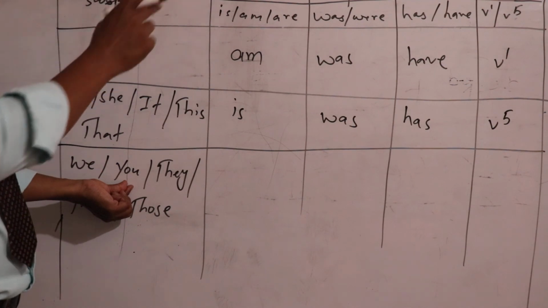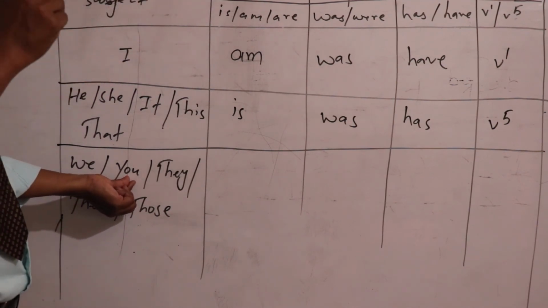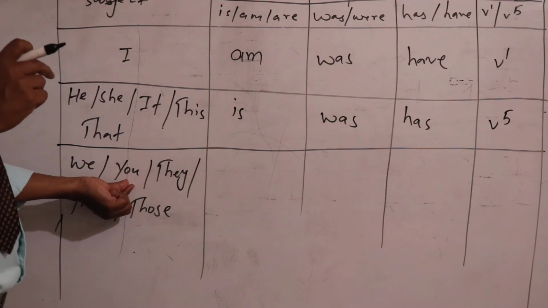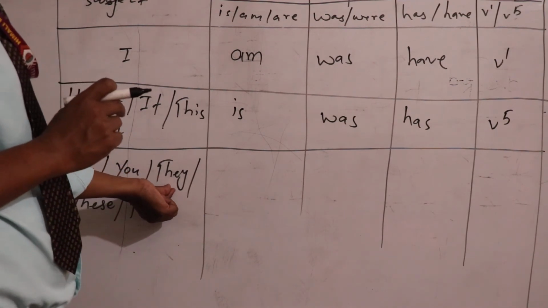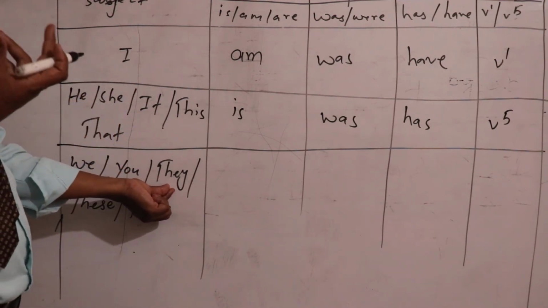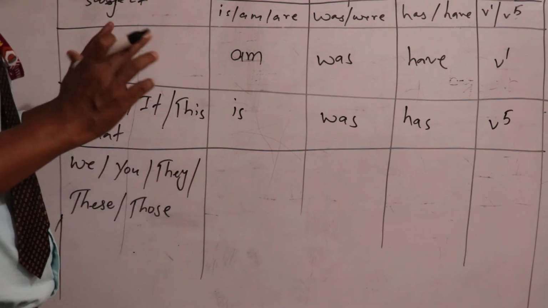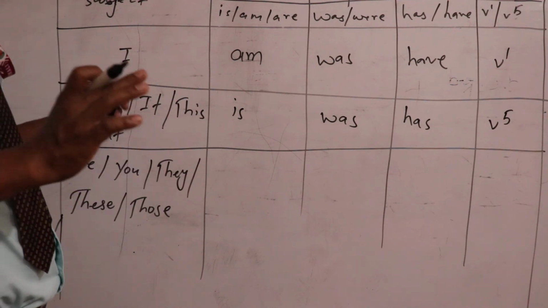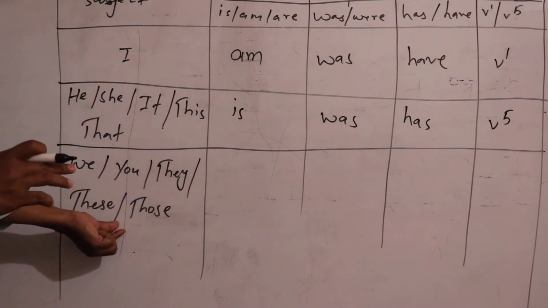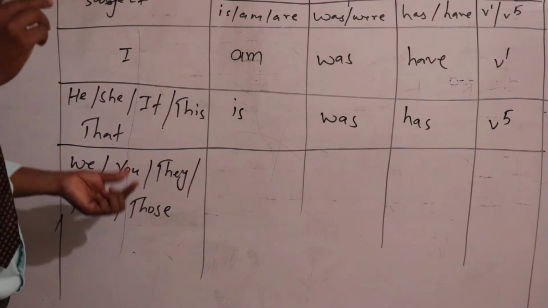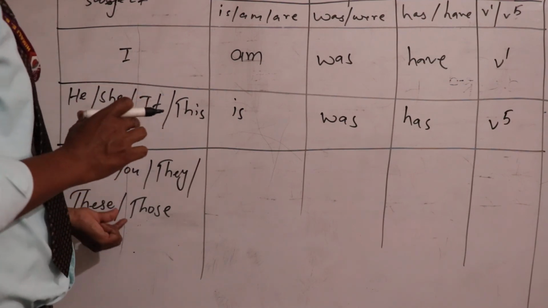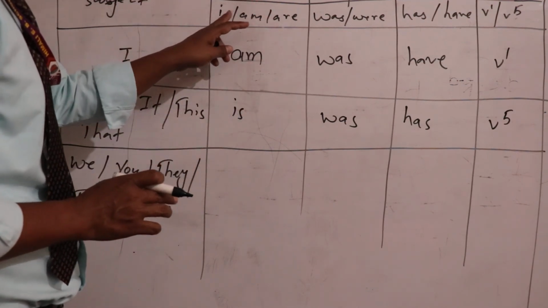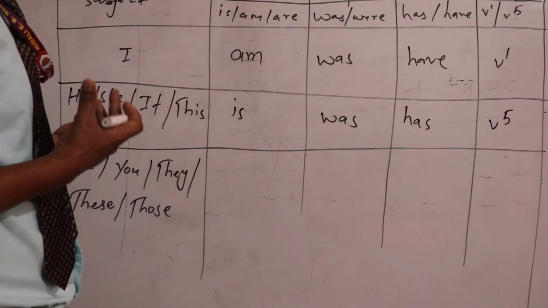Subject verb agreement ma you सँग हामीले plural verb कै प्रयोग गर्छौं. Yes. So you is also a plural subject. They means not a single person. They means many. These means also many. Those means also many. So these all are plural subjects. With a plural subject, we use a plural verb. So from is, am, are, which one is plural?